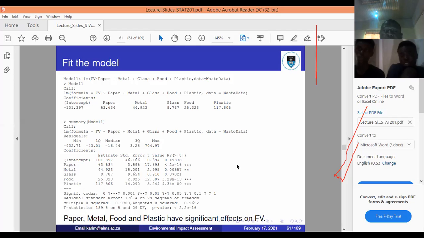You will be able to know the direction of the impact, and also tell whether the impact is significant or not. And you will be able to assess the overall fit of the model that you have used to analyze the environmental data. Is it the appropriate model or not? We do that using the R square or the adjusted R square.